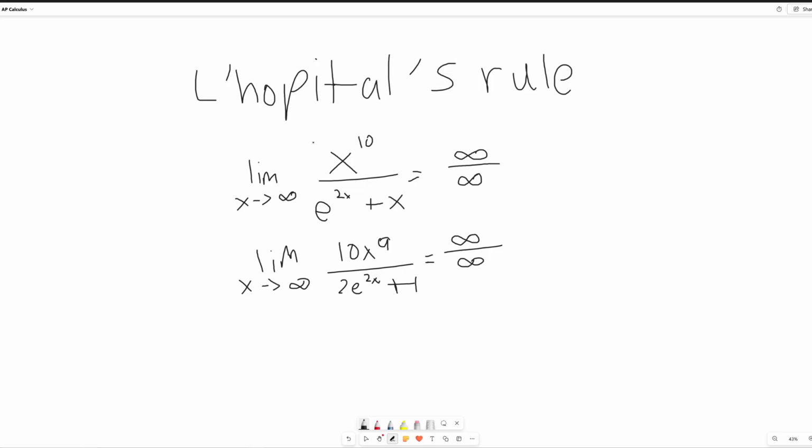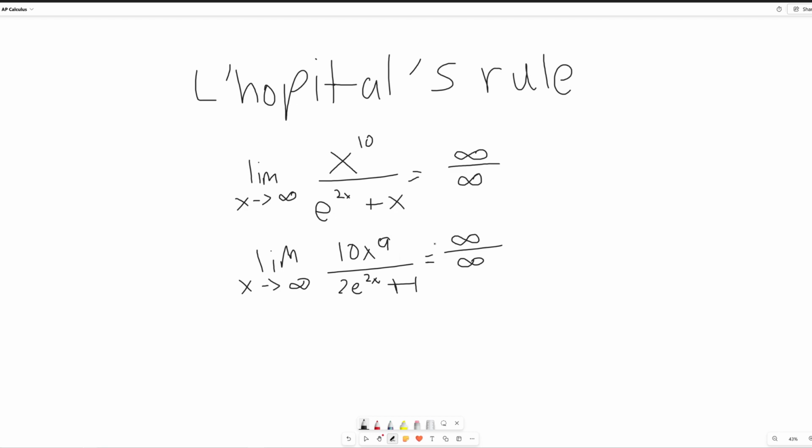if you think about it, 10x to the 9 goes to 90x to the 8, goes to 720x to the 7, so on and so forth. That will eventually hit 0, because it's a polynomial, which I've also discussed in a separate video. Every polynomial will go to 0 after infinite derivatives.